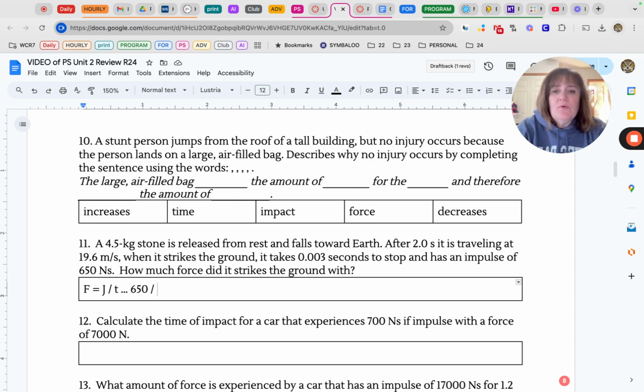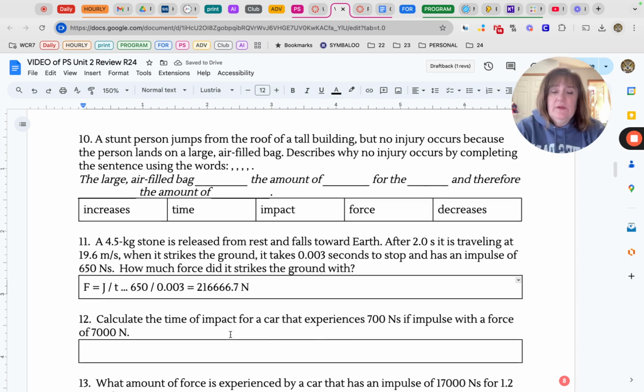It takes 0.003 seconds to stop. That's the time I need in the question. So 650 divided by 0.003 is equal to 216666.7. Wow. Newtons of force. That was a tough one.